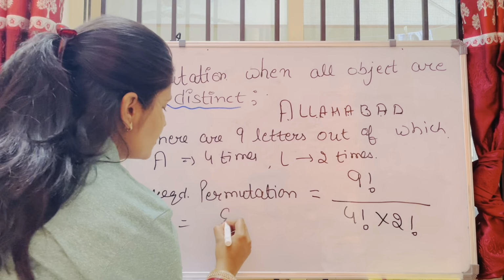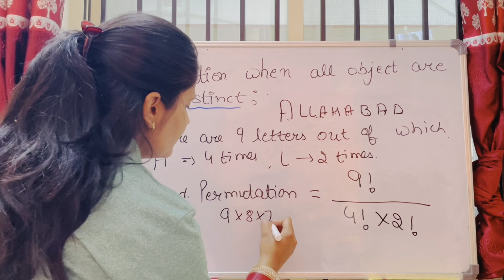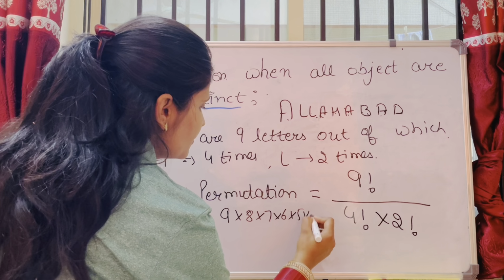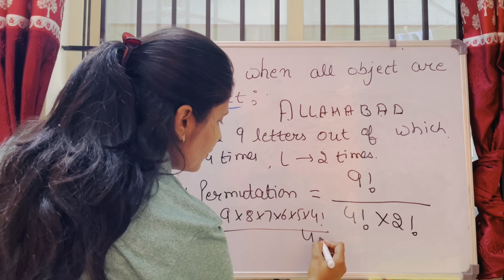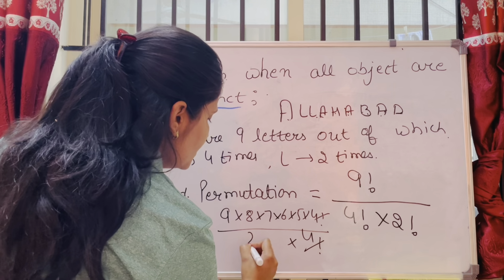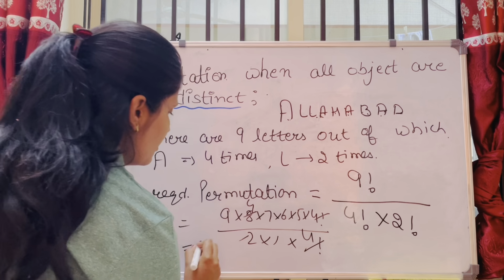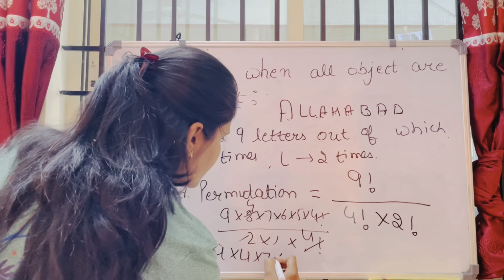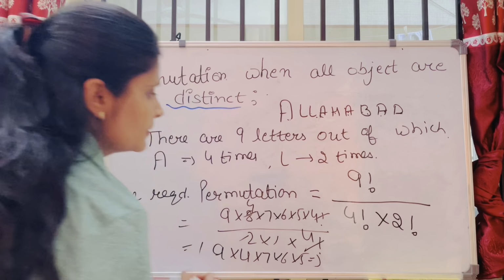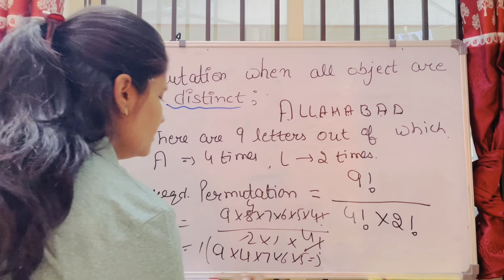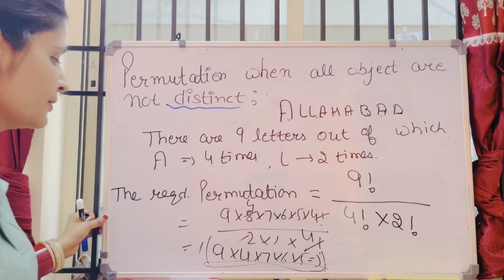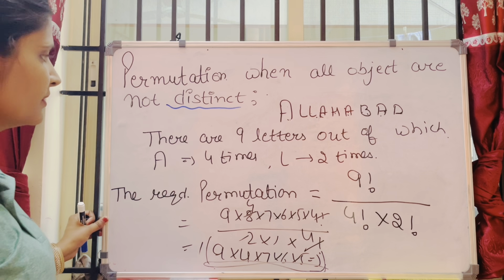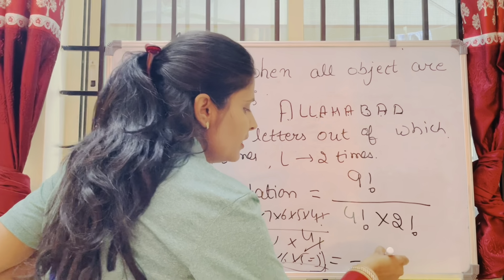So 9 into 8 into 7 into 6 into 5 into 4 factorial upon 4 factorial into 2 into 1. Two 4s are 8 and 2 goes into 8. Multiply, then 9 into 4 into 7 into 6 into 5. You can multiply these and the answer will come.